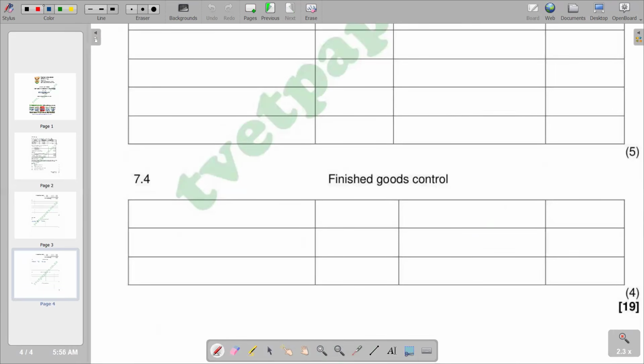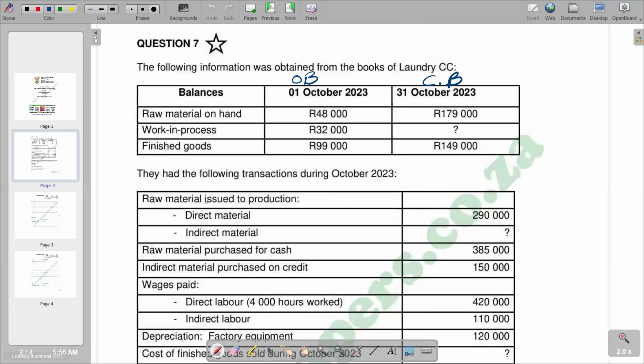So it's also an opening balance on the debit side. And we have an amount of 99,000. And then from there, we can proceed with other transactions during October 2023.